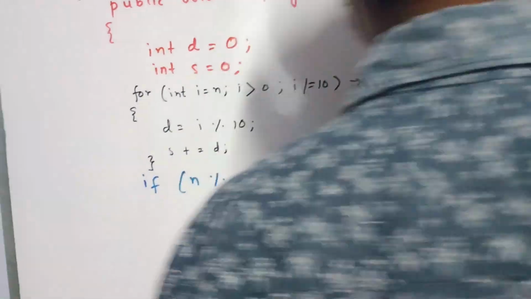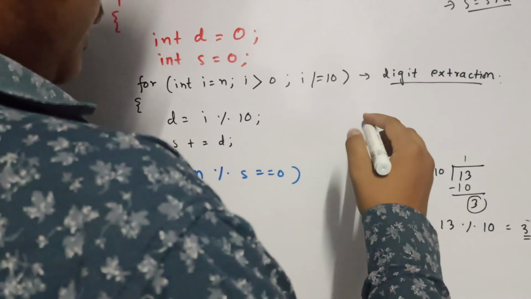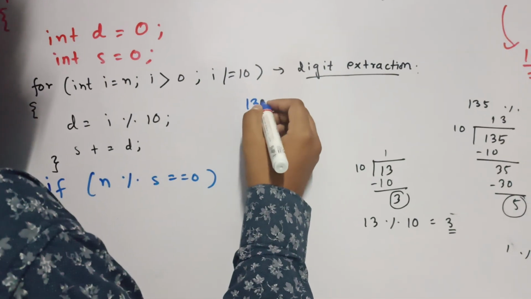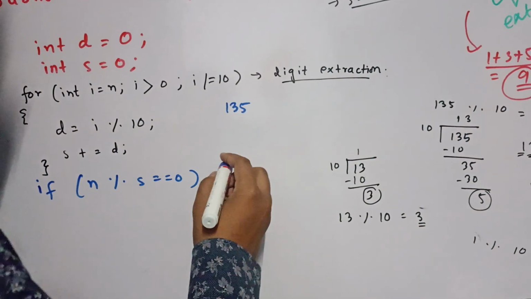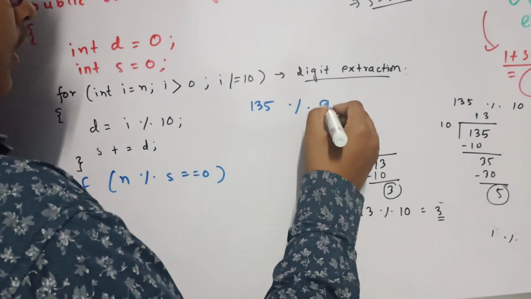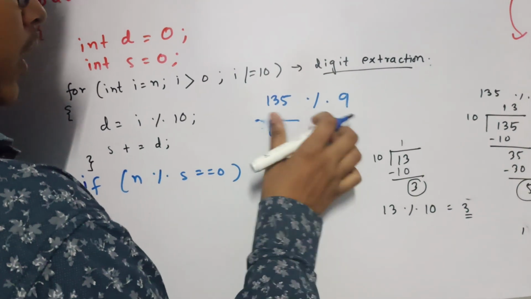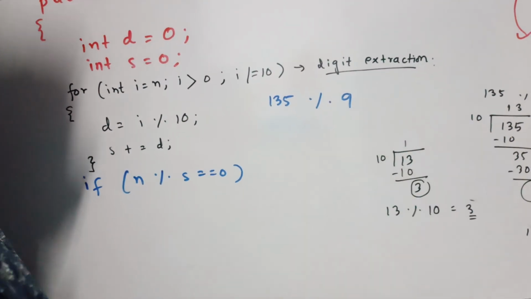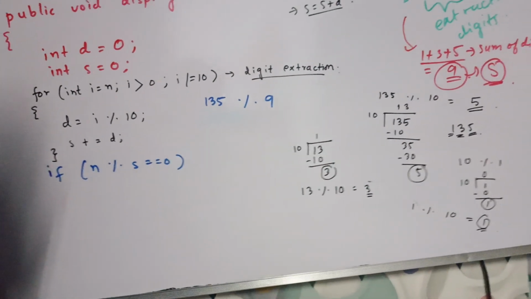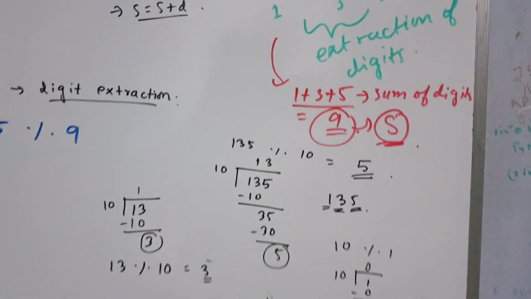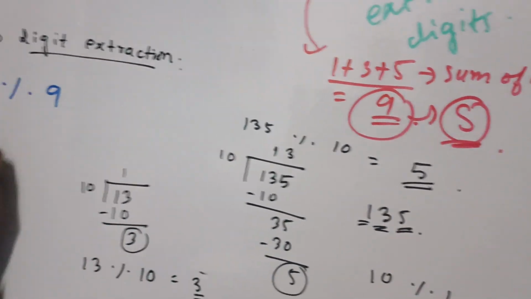Let's understand this particular step. The number is 135, and the sum of the digits is 9. Let's perform the division. Sorry, I actually rubbed it, so I am performing it for you once again.